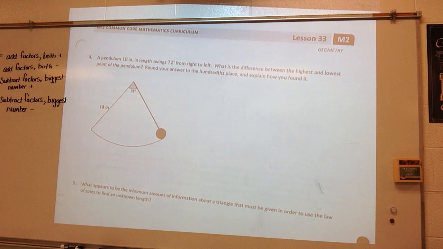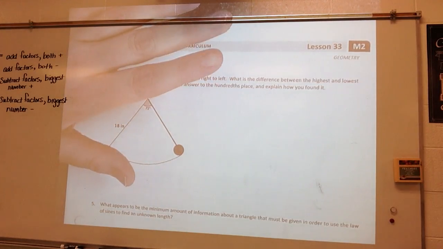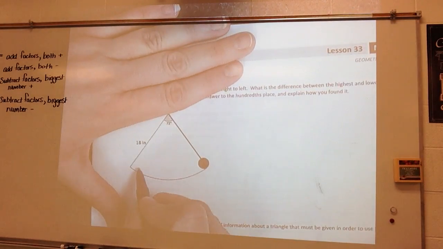At the bottom of the swing, the pendulum is perpendicular to the ground, and it bisects the 72-degree angle. So what I can do is, if it's perpendicular to the ground, then it would look something like this.